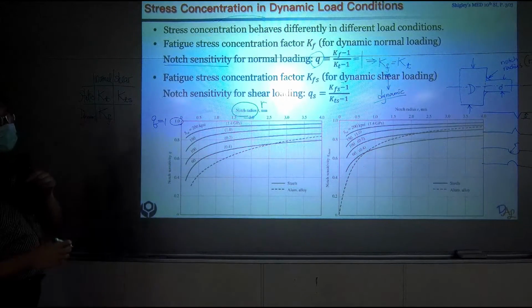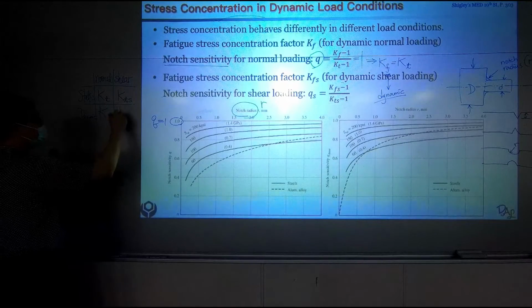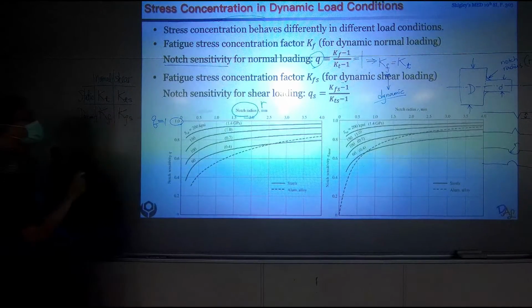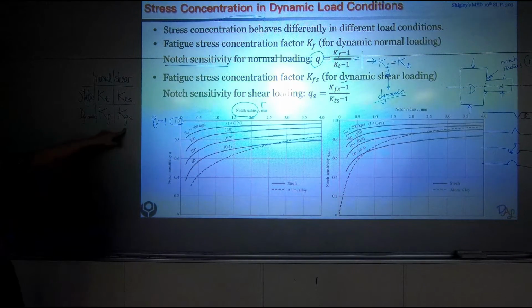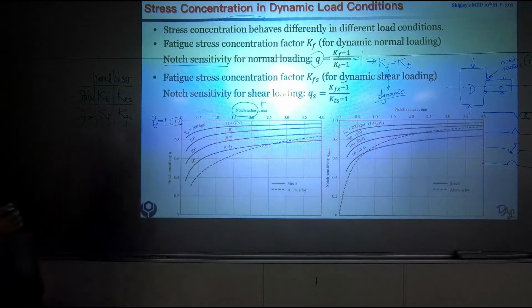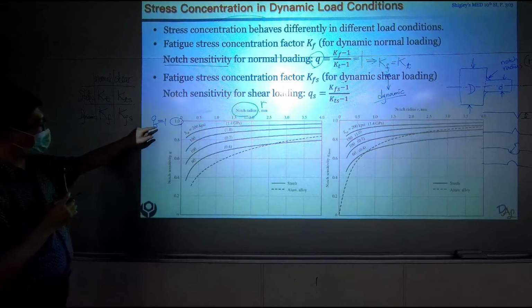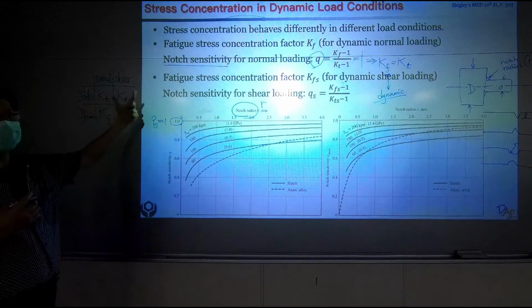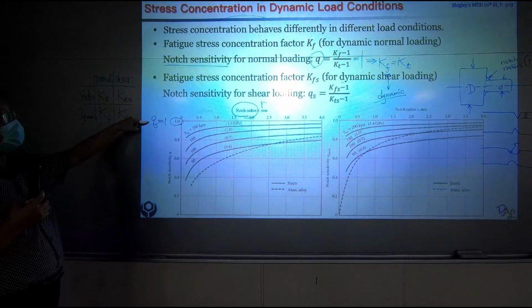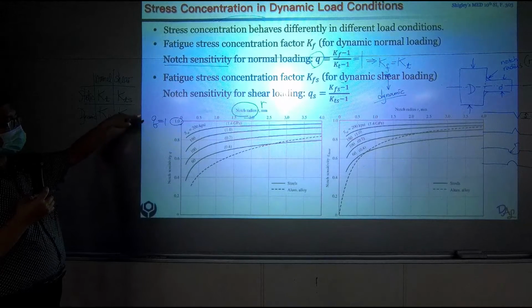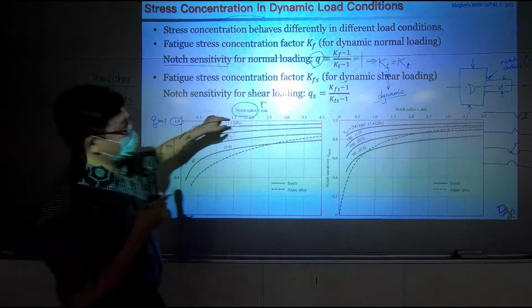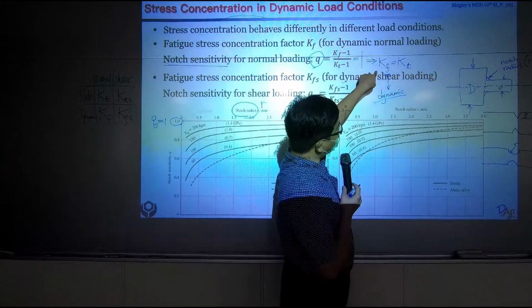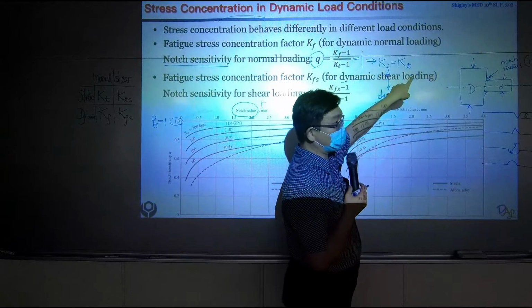Okay? If we have a Kf, we also have Kfs. So dynamic loading and shear stress. So let's get back to the extreme case that we talked about. If there's a material that has a notch sensitivity of 1, that means Kf equals Kt.